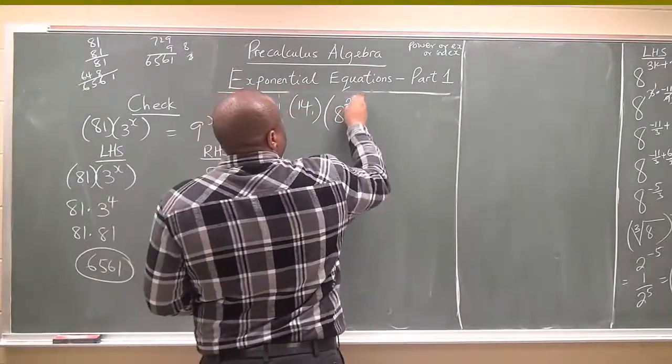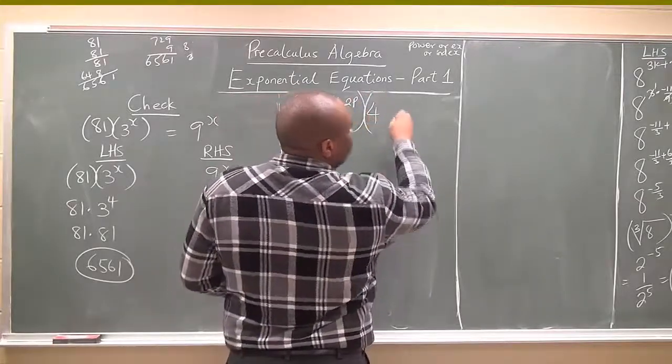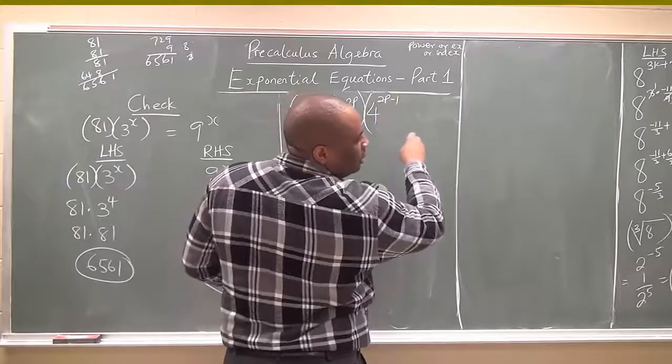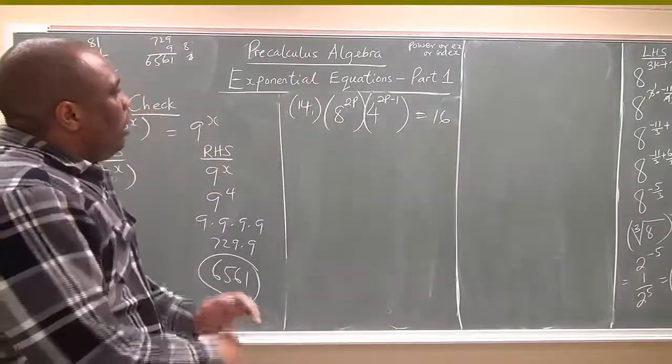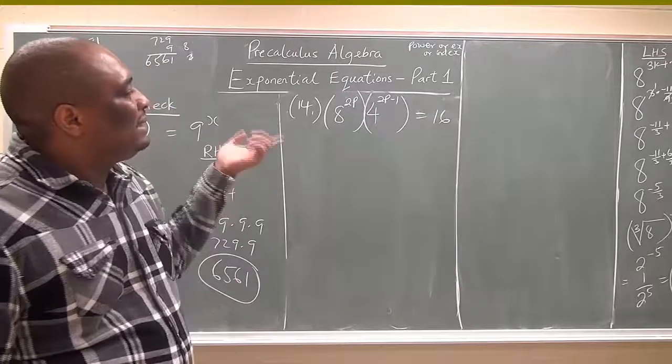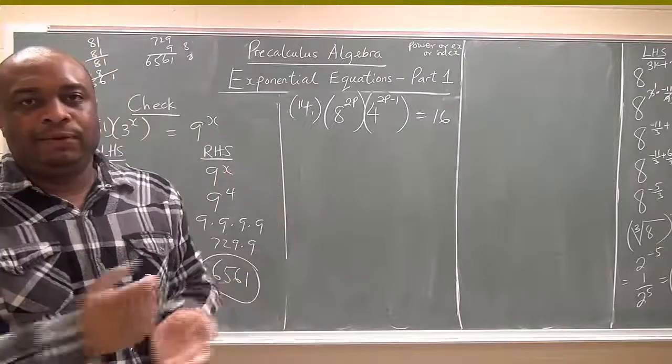8 exponent 3p times 4 exponent 2p minus 1 equal to 16. All right. If you look at this now, the smallest base is 4.